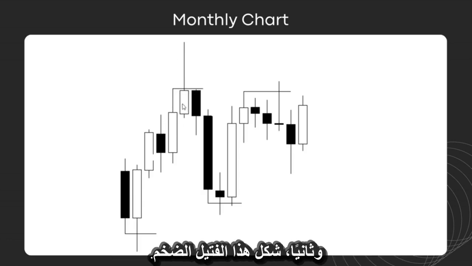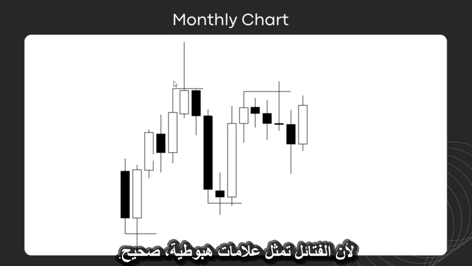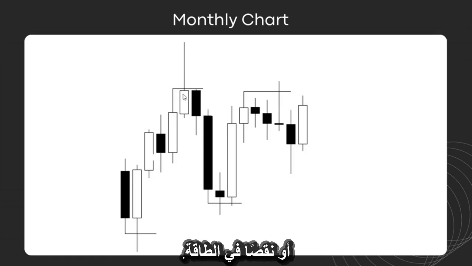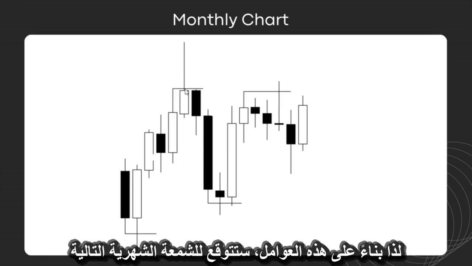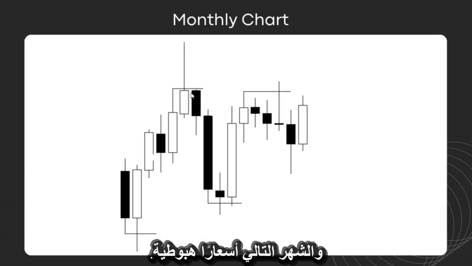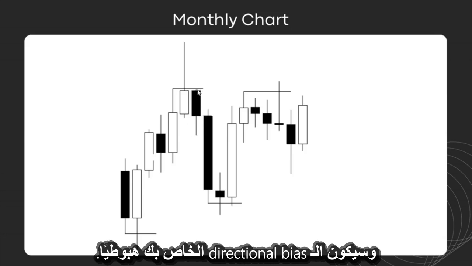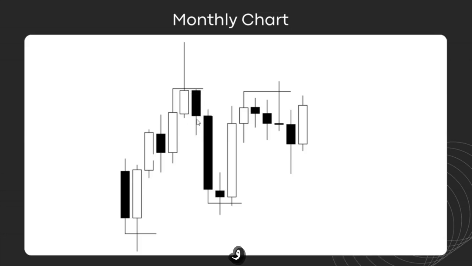And second of all, it formed this huge wick, which is a bearish sign because wicks represent bearish signs, or lack of energy or momentum. So based on these factors, for the next monthly candle, you would expect bearish prices, and your directional bias would be bearish and lower.